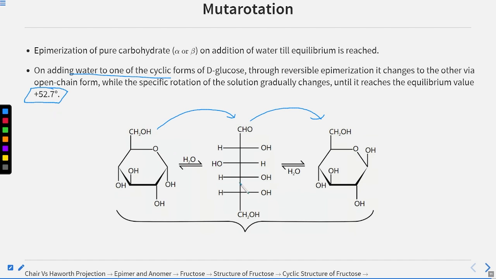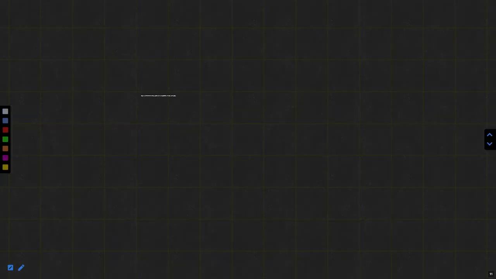Okay, got it? Now, how does this epimerization take place? This is the epimerization of glucose. Remember that we are talking about mutarotation, and mutarotation is related to glucose. So how does this take place? Let us try to draw the mechanism. We have O here and OH here.